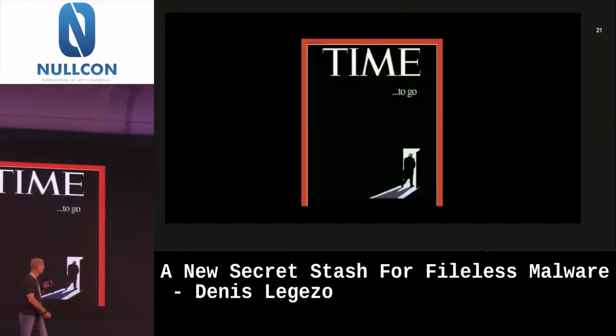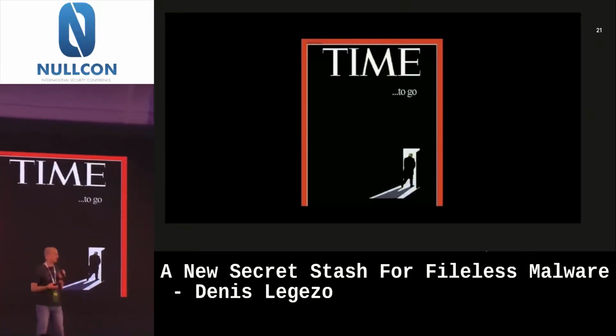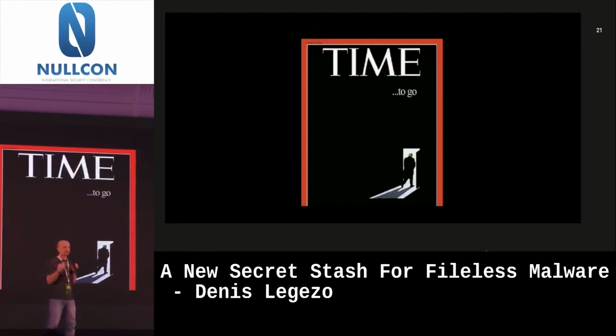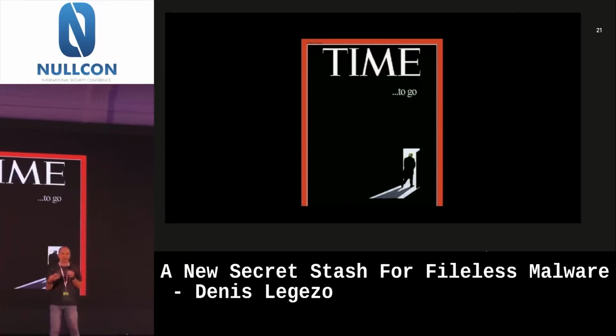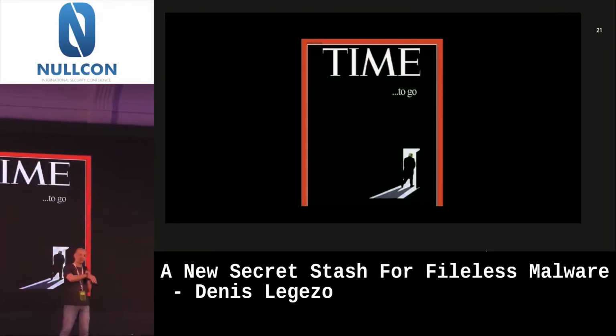So, it seems like we're almost out of time. Let me briefly sum up what we got through this presentation. I provided a new, or at least to be considered new and innovative, technique of keeping encrypted shellcode in the Windows event logs.